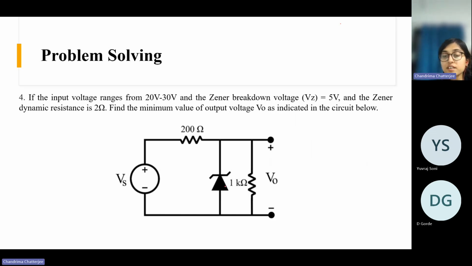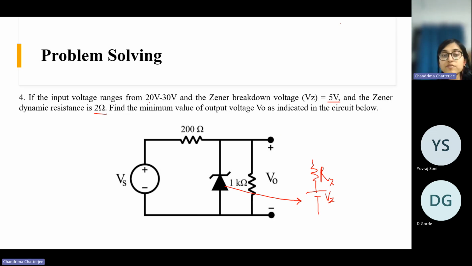If this is the Zener, the actual model of the Zener is some resistance along with a constant voltage. So this is Vz and this is Rz. Rz value is 2 ohm and Vz is 5 volt.